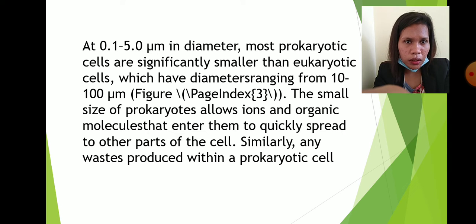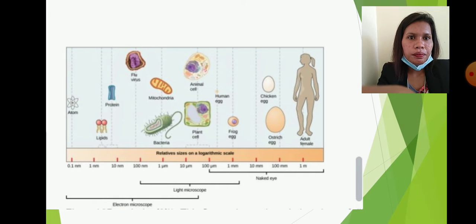So, sabi dito, ang prokaryotic nag-allow siya na allows ions and organic molecules. So, as we can see, yung mga bacteria, nakakaano sila ng mga waste. And similarly, any waste produced. Okay, next.